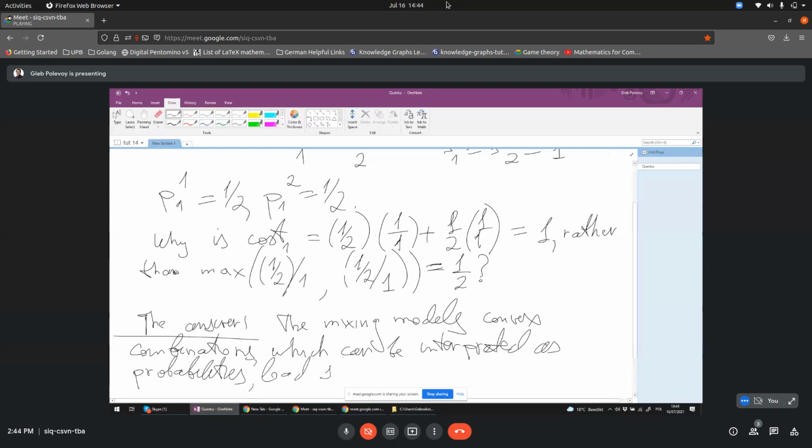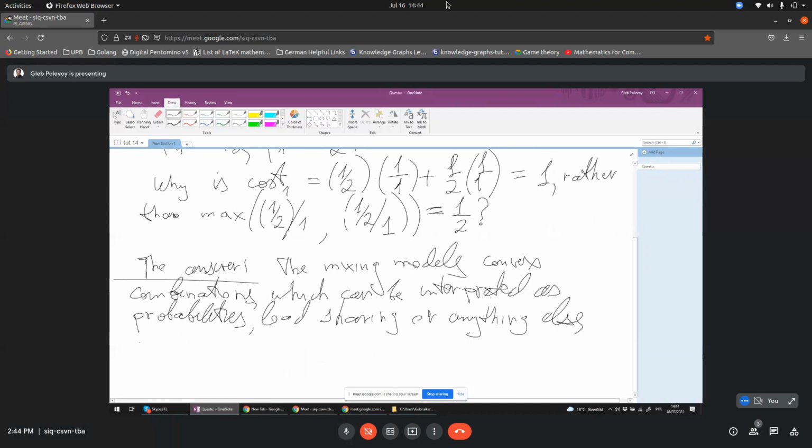Load sharing or anything else which fits the formula. Maximum doesn't fit the formula. That's the idea.